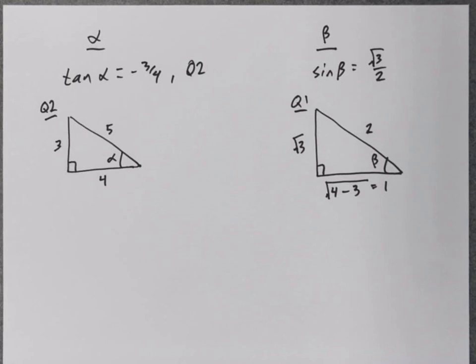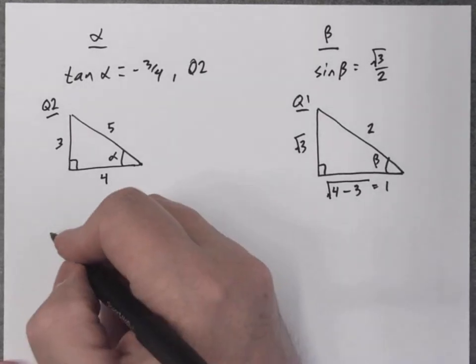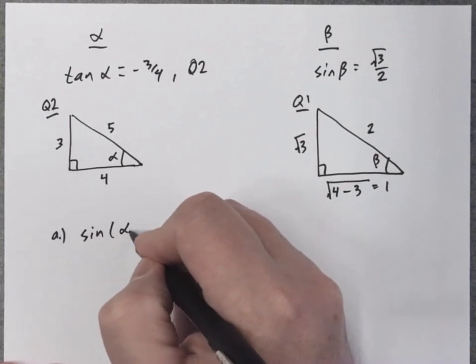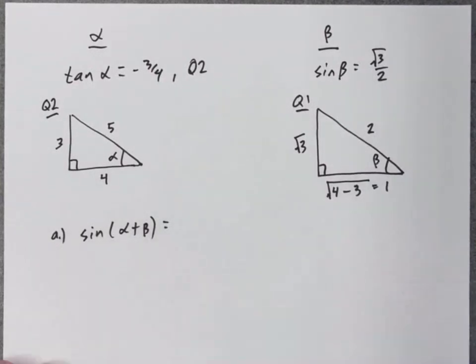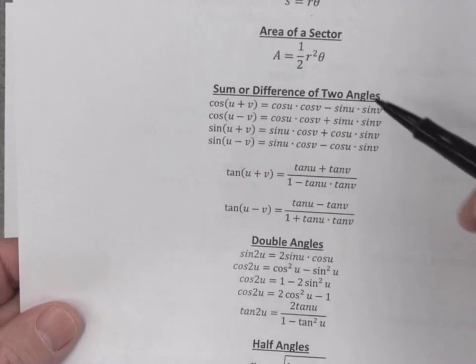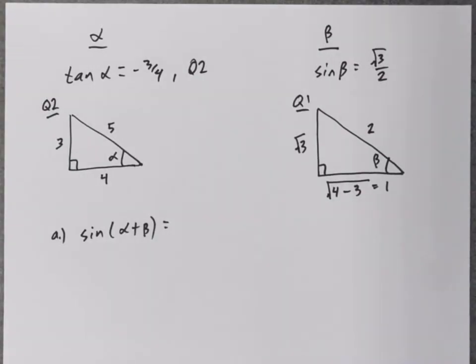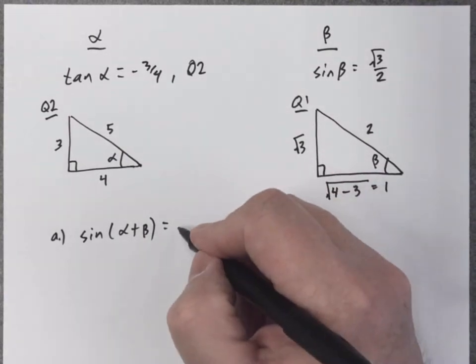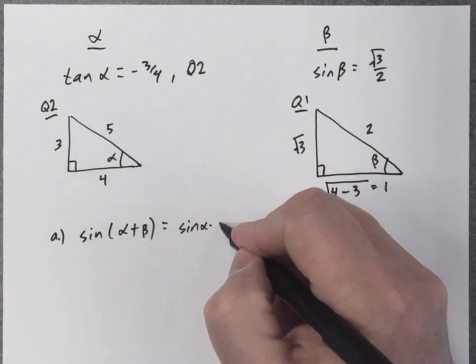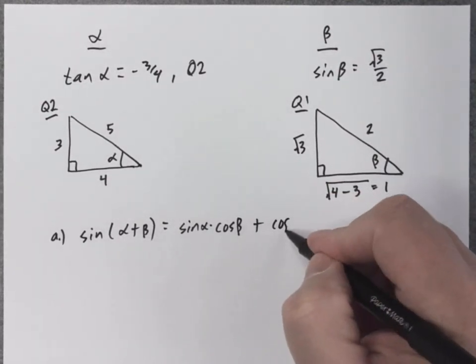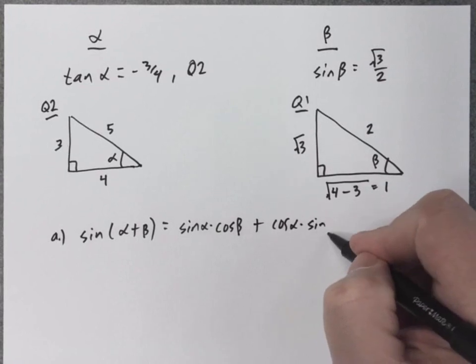So now, part A said, what is the sine of alpha plus beta? So I'll simply go to my formula sheet. And I use this formula. It's going to be sine of alpha times cosine of beta plus cosine of alpha times sine of beta.